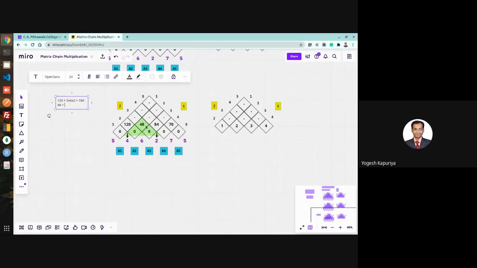So now you have multiplication of A1 with A2, A3. So when you are doing in that way, A1 means 5 cross 4, A2, A3 means 4 cross 2. So that will be 5 into 4 into 2. So that is 88, right? So you have two ways to do this. One will take 180 operations, second will take 88 operations. Obviously you are interested in minimum, so you will write down 88 over here.